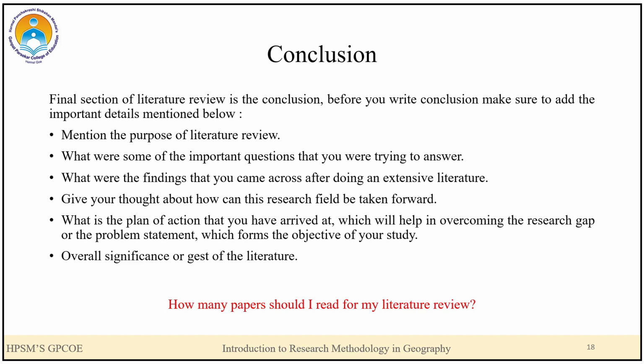So you have to give a general idea of what other people have done pertaining to that particular topic. So the question that arises here is, how many papers should I read for my literature review? There are no specified numbers as such, but if you are doing it for a college project or a dissertation, then it is suggested that you should review at least 20 to 30 research articles.